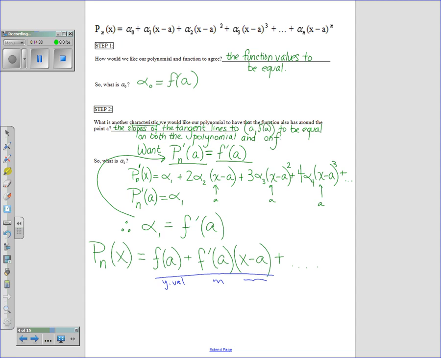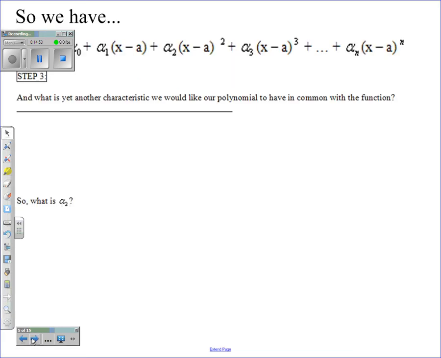So that's really just the equation of the tangent line to the function f. So we're gradually building this, and what happens in a few minutes is going to depend on concavity, right? Okay, so that is just really kind of cool. So the first two terms are basically building the tangent line to the function.